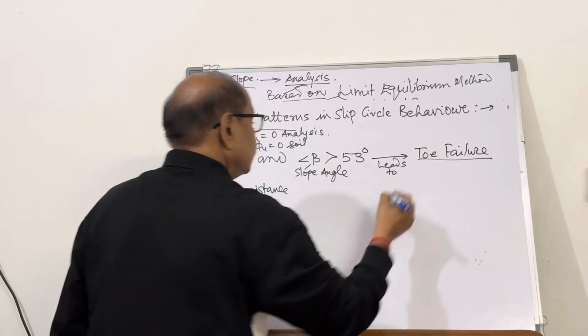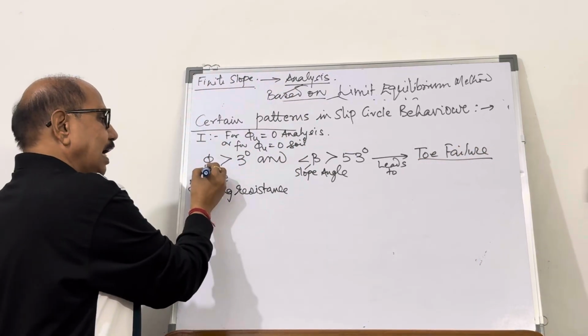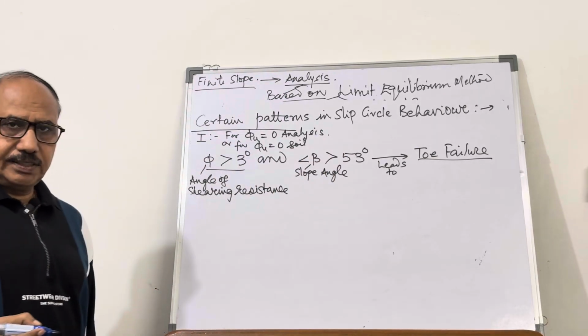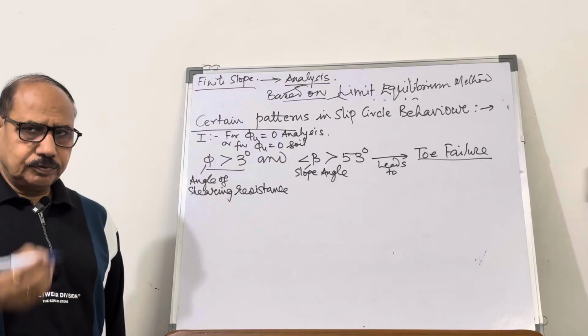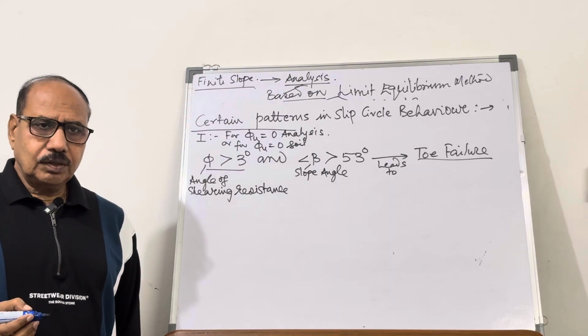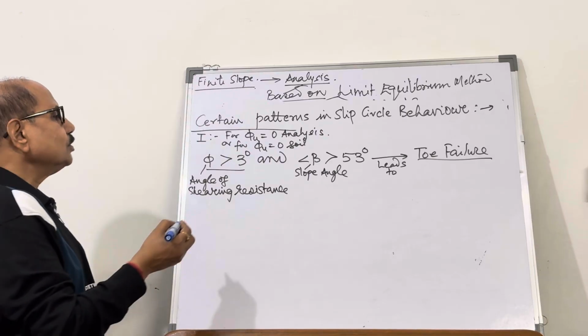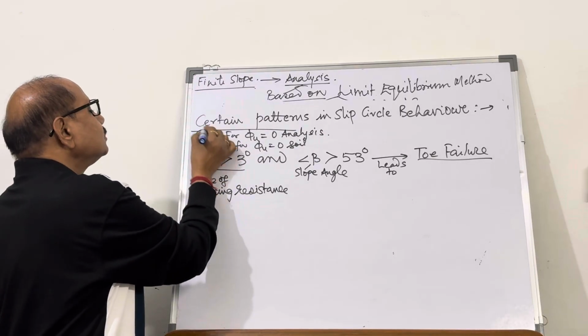Very simple. Phi greater than 3 degree and beta is greater than 53 degree. Steep slope, it leads to toe failure. So, this is the first one.